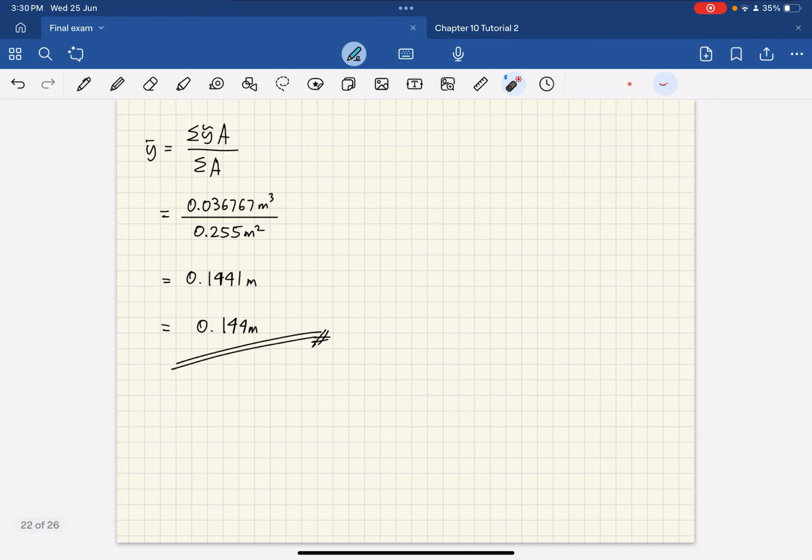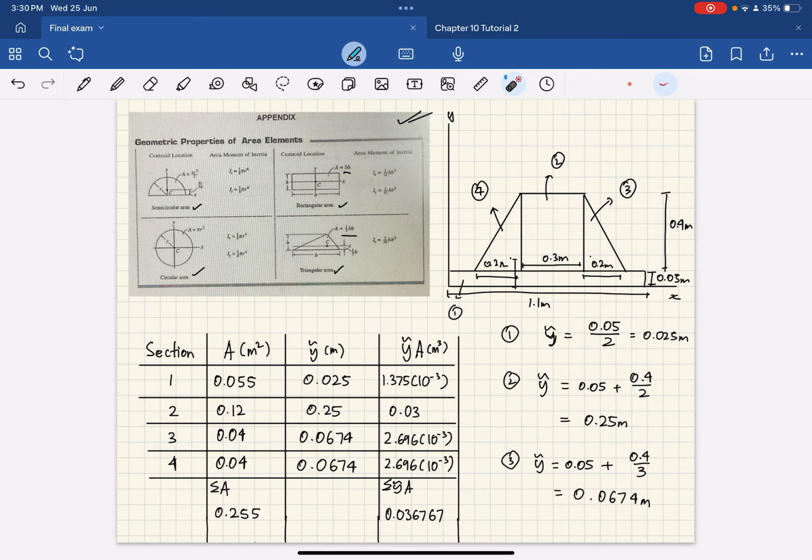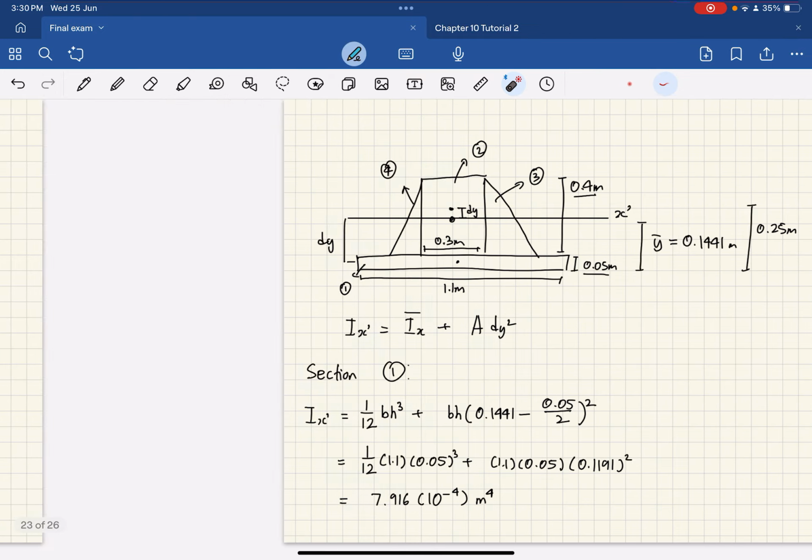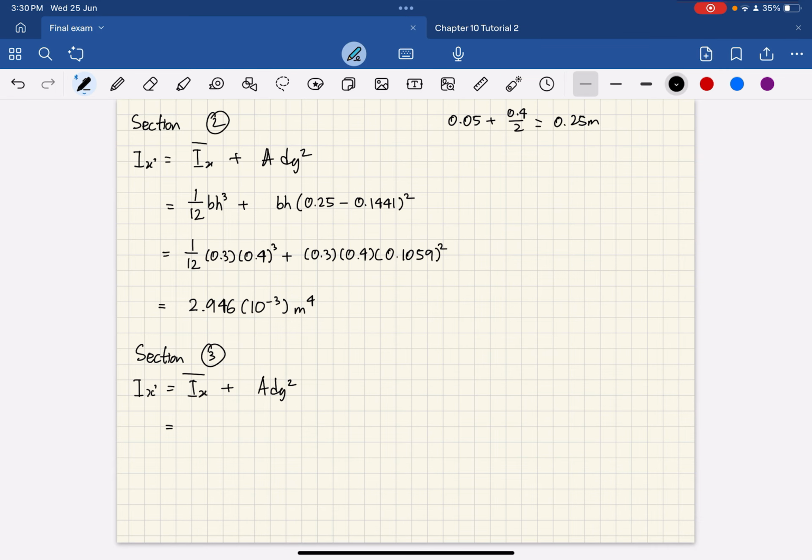The formula is also given in the appendix. If you can't see it clearly, it's supposedly 1 over 36 bh cubed for Ix. So I'll write it right here to make it clearer. It's just going to be 1 over 36 BH cubed, plus the area, which we know is half times BH for any right angle triangle.